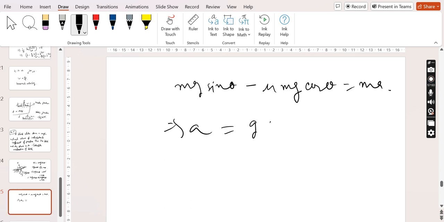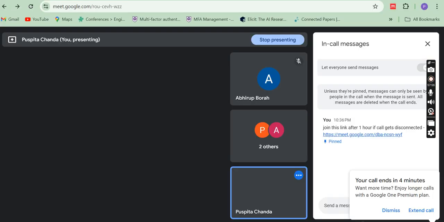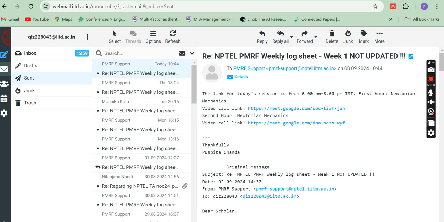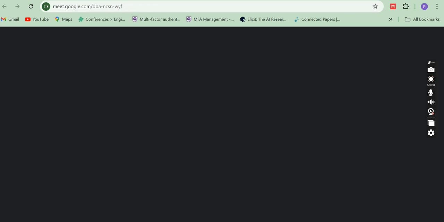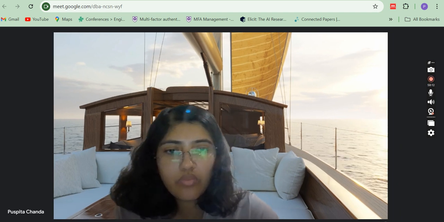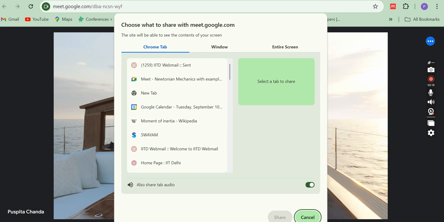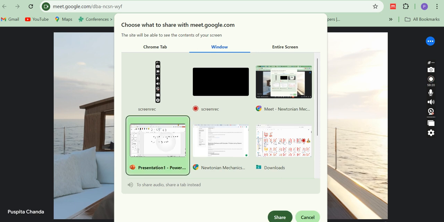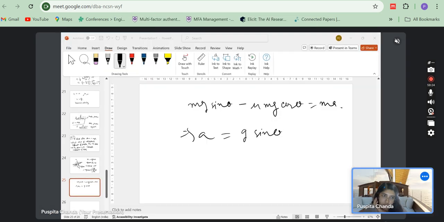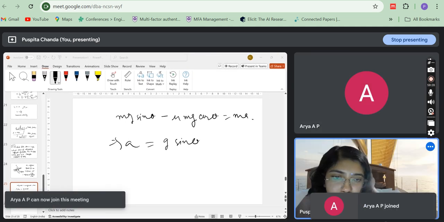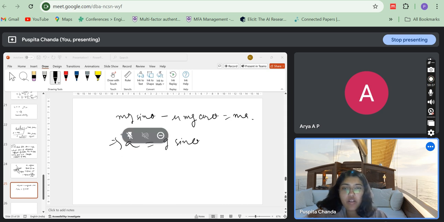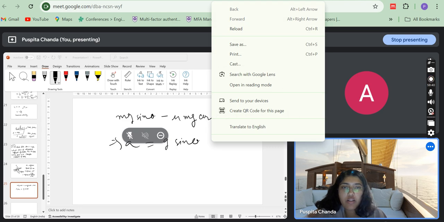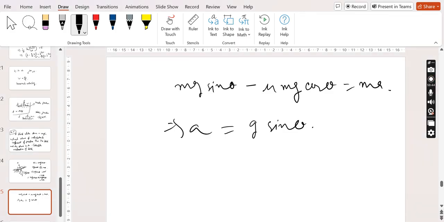So basically a is equal to g sin theta minus mu g cos theta.